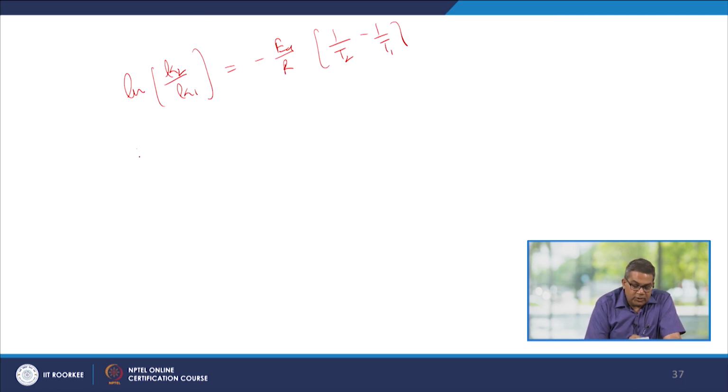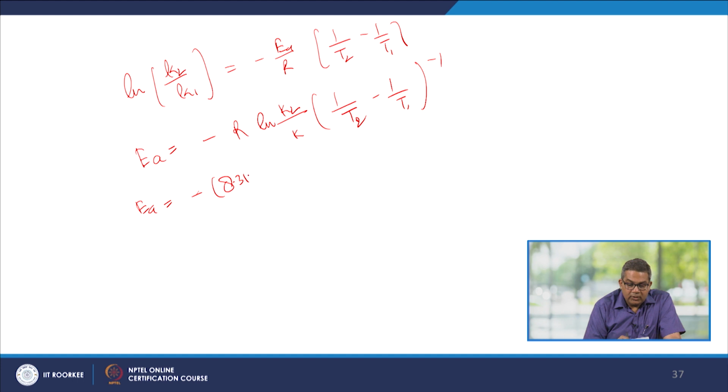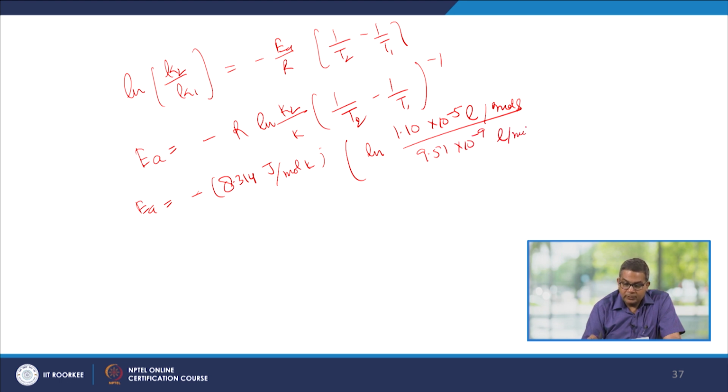So we can substitute the values after rearranging this equation: EA is equal to minus 8.314 joule per mole Kelvin into ln of 1.10 into 10 to the power minus 5 over 9.51 into 10 to the power minus 9, into 1 upon 600 minus 1 upon 500, with temperatures in Kelvin.